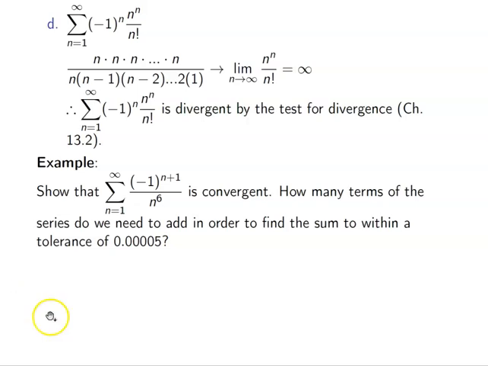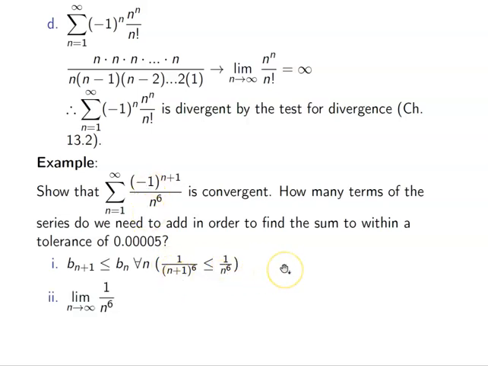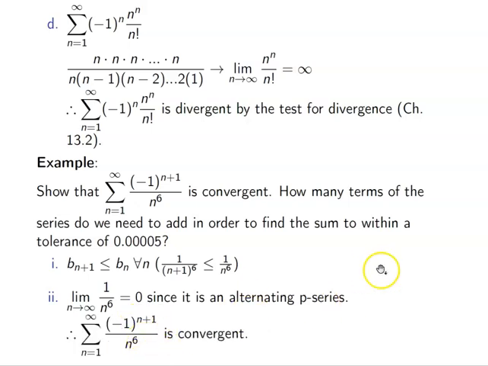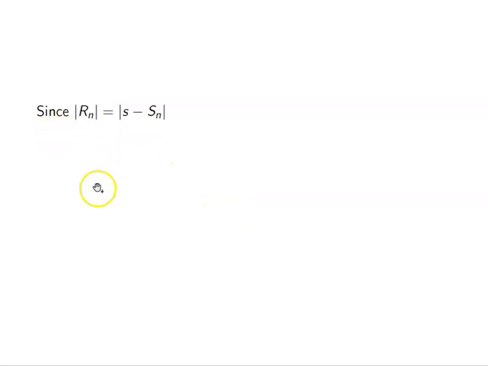It's very easy for us to tell that each new value is less in value than the previous, and I know that this goes to 0, since it's an alternating p-series. And so this is convergent. Now, if we're looking at the remainder, remember the remainder is the sum minus the nth partial sum.